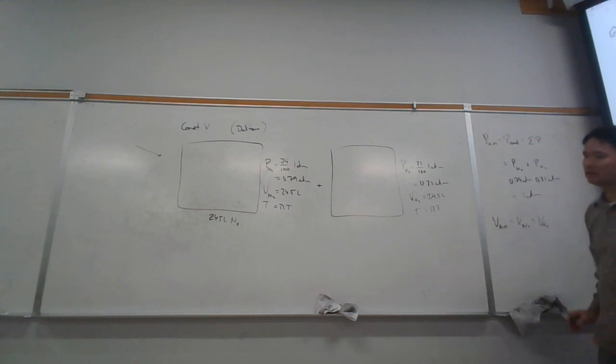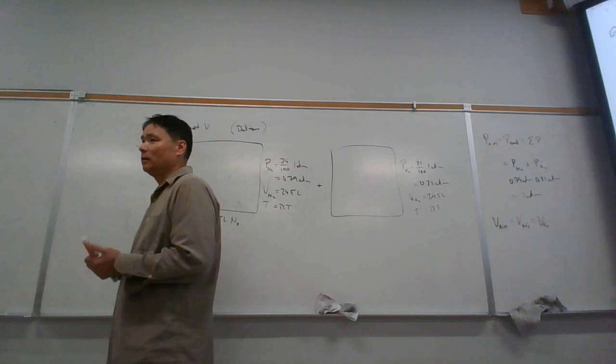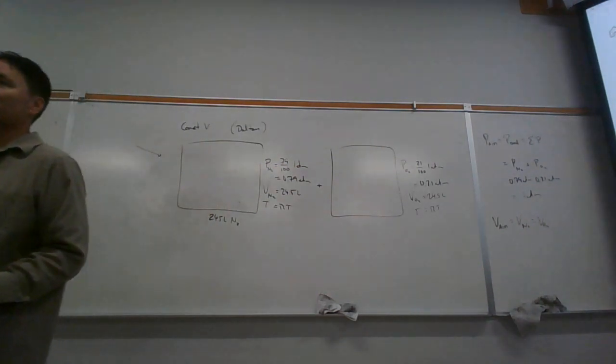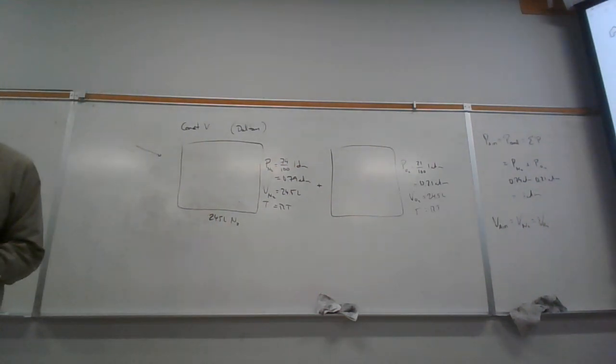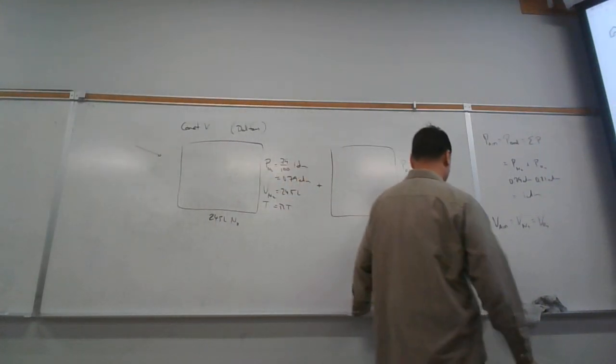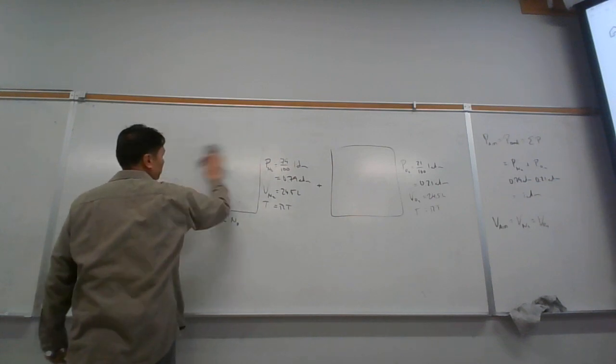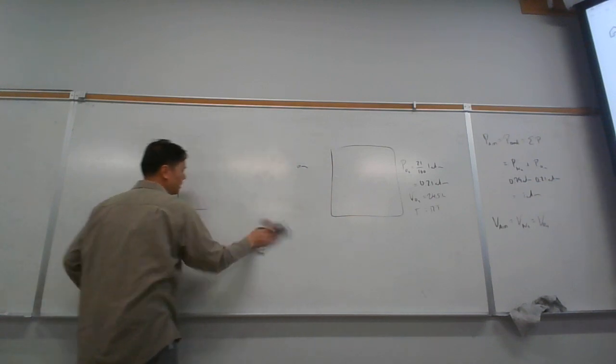So we have to decide how we're going to treat it. We're either going to treat the mixture as constant volume, Dalton's, or we're going to treat it as constant pressure, Avogadro's. But we can't treat it as both Dalton's and Avogadro's simultaneously.